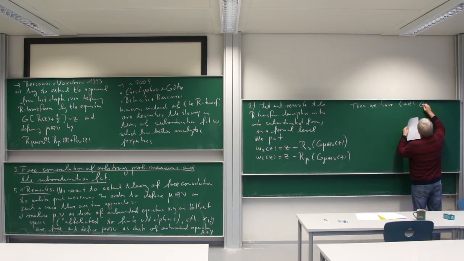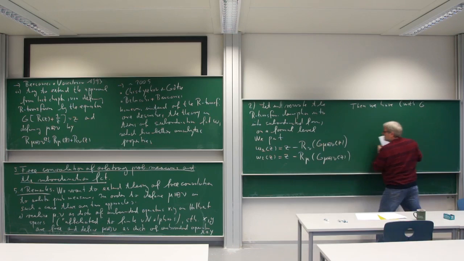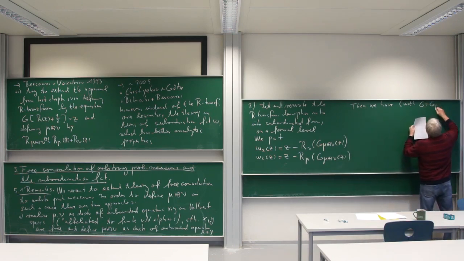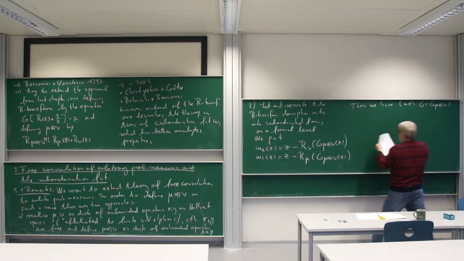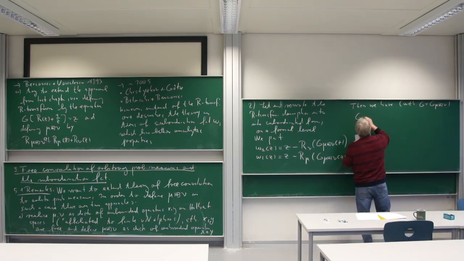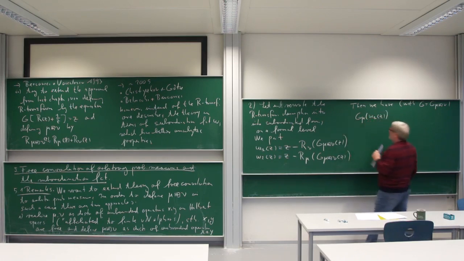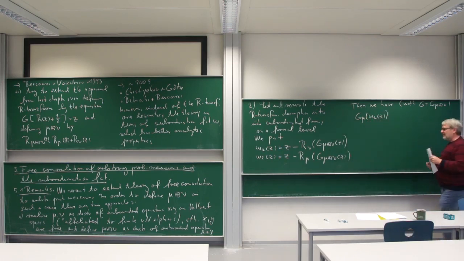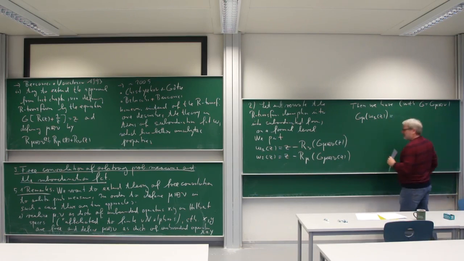Let's say G is the Cauchy transform of mu plus nu. And then let us calculate what is G mu of omega 1 of z. I'm claiming that this will be G of z. Okay, but let us check whether we get this.